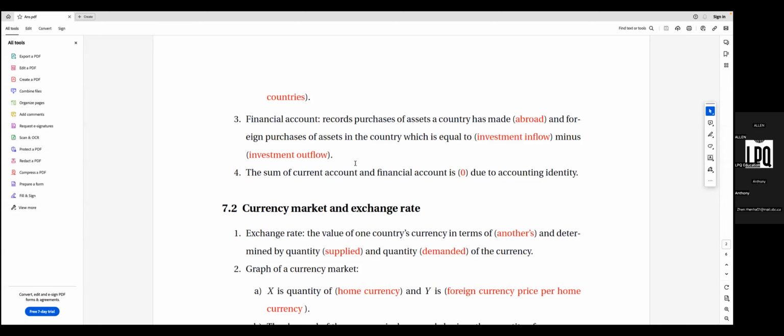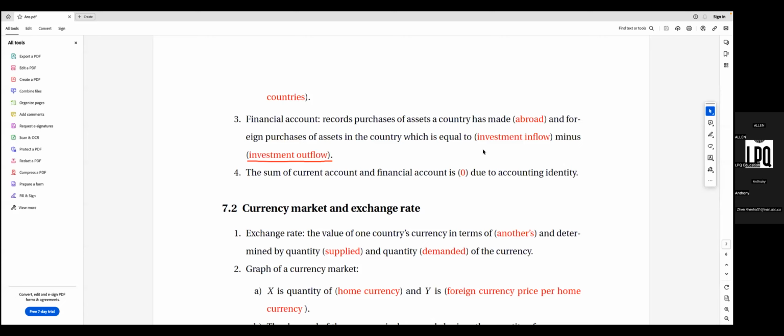So this money here is called the investment outflow, because the money is leaving from Canada. And once again, same story, the situation can be the opposite. American companies can come to Canada and do business here. They need to bring their money as their initial investment for entering into the Canadian market.